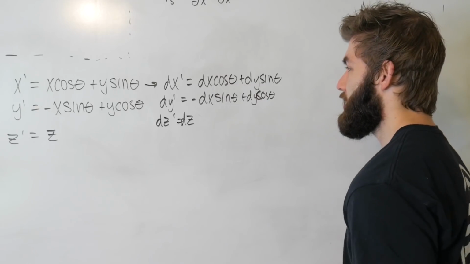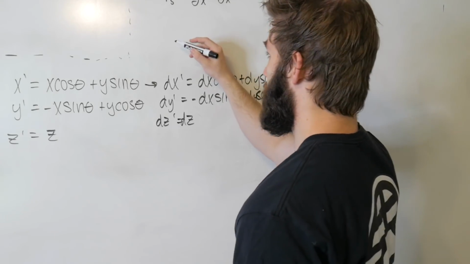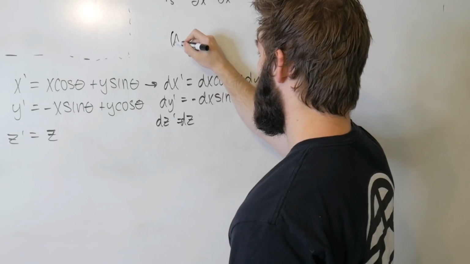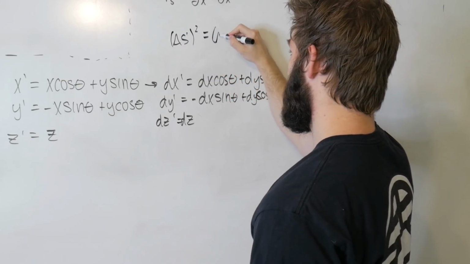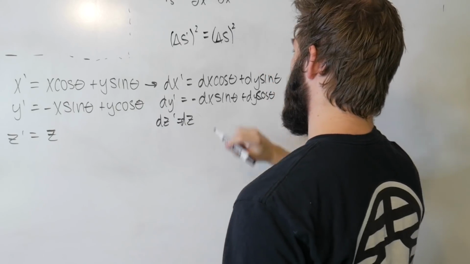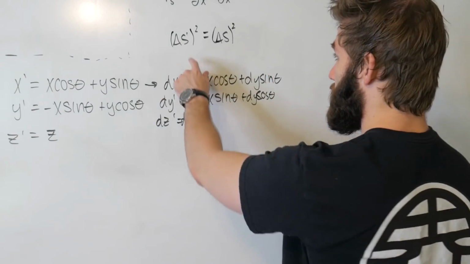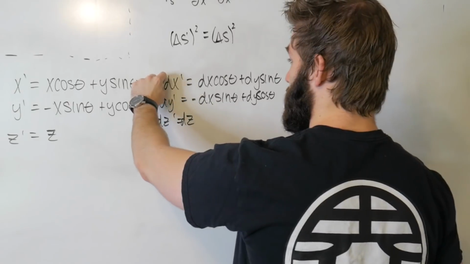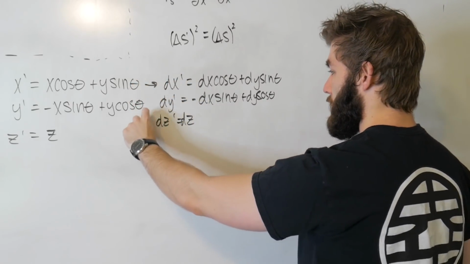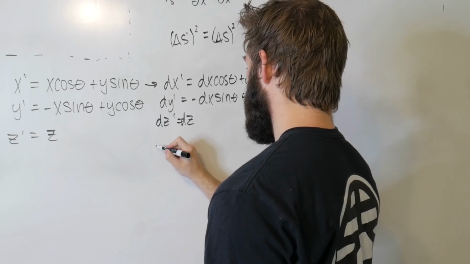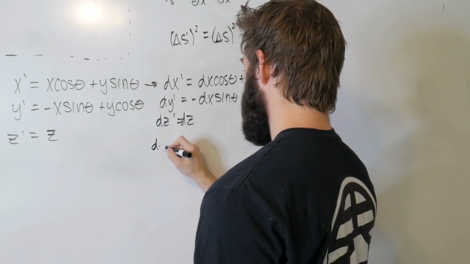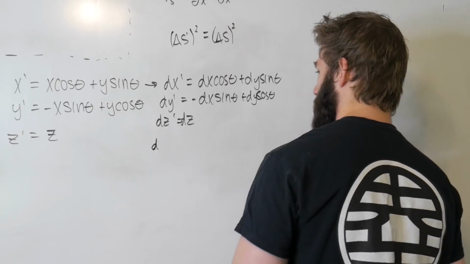So what I want to determine is if this is true. Does delta s prime squared equal delta s squared, where delta s prime squared is just the sum of the squares of these quantities here. So let's see. Let's go ahead and write it out.